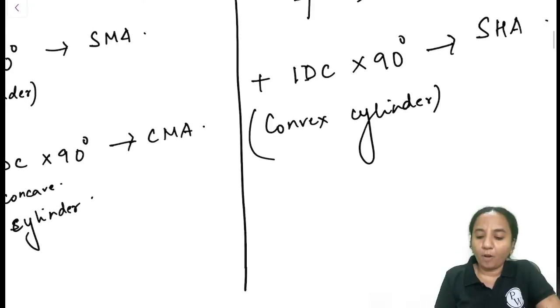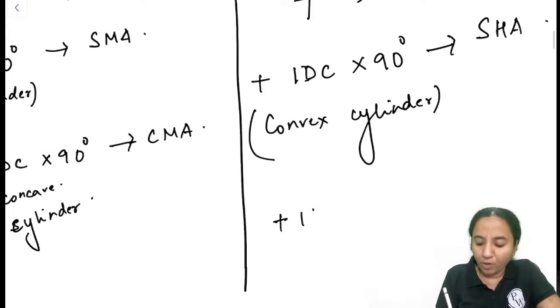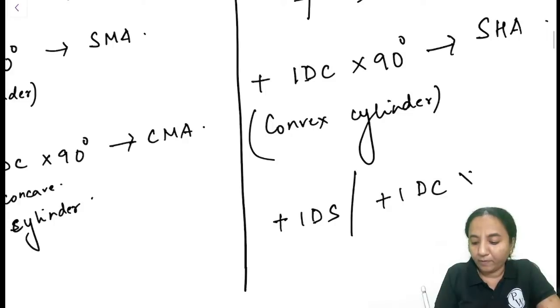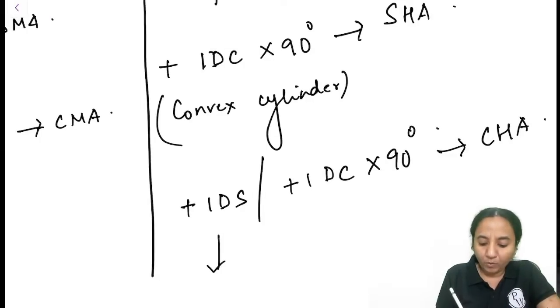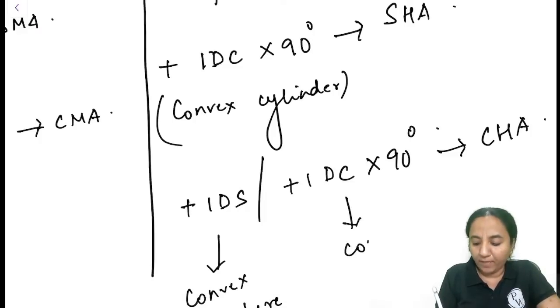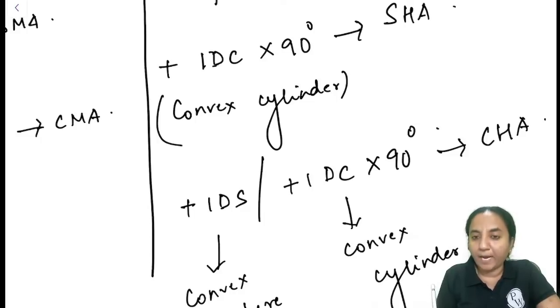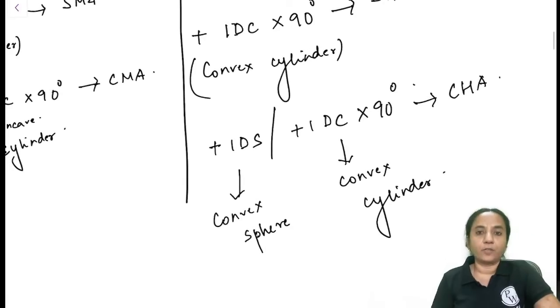Now if we have a combination of both a convex sphere and a convex cylinder, then this is compound hypermetropic astigmatism, CHA.